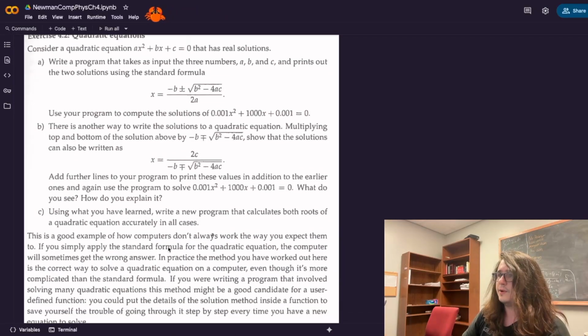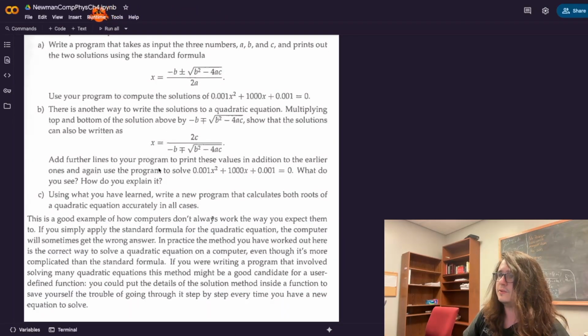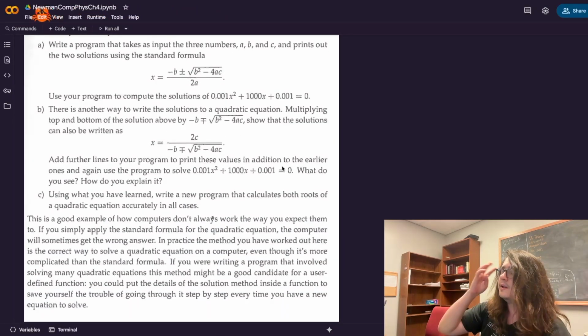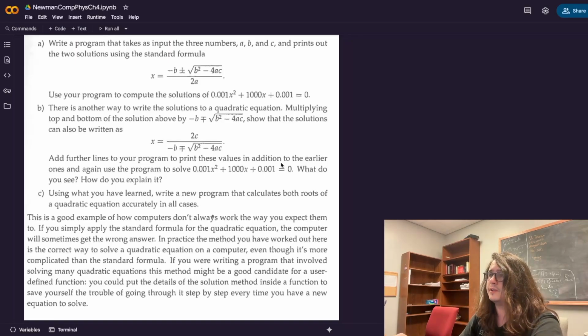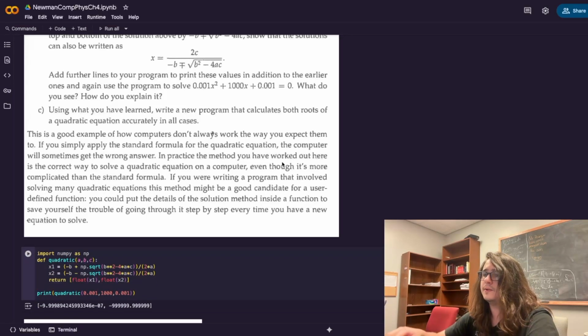And then part B is telling us to do this one. It's just an alternate formulation of the quadratic formula, with a minus plus on the bottom instead of a plus minus on the top. So this is going to take pretty much the same form.